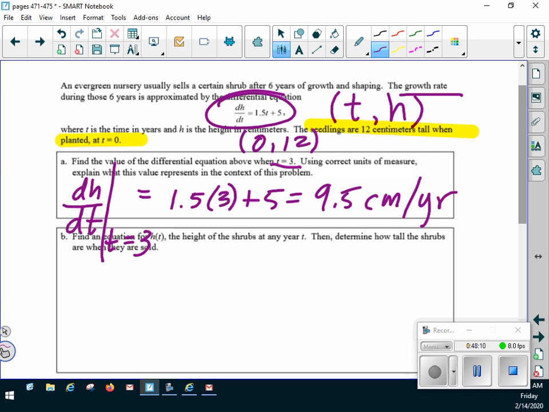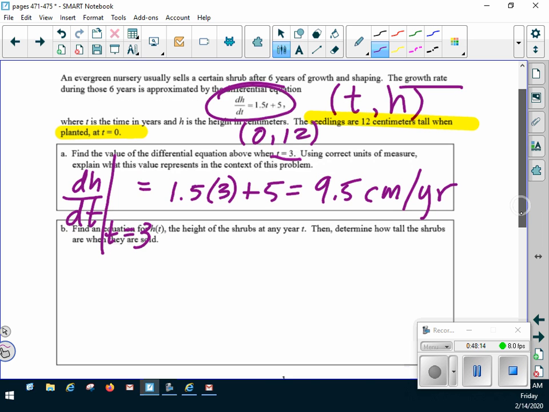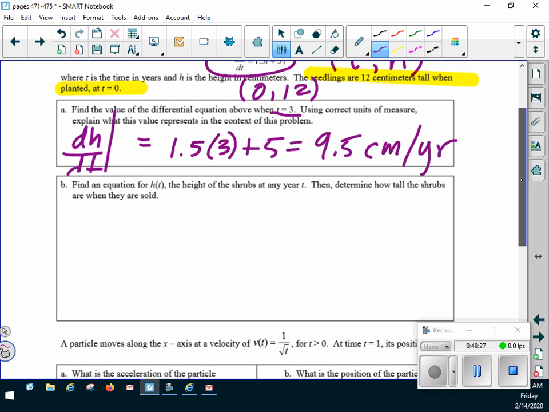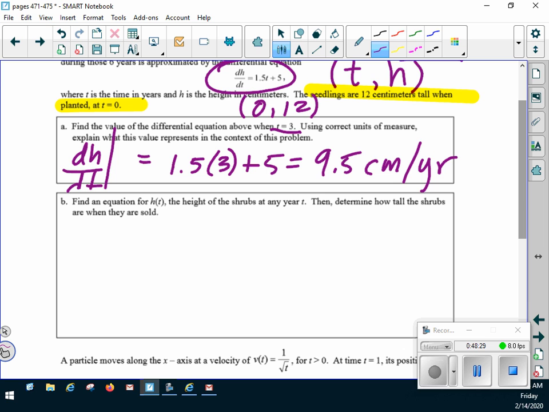You can get this off the notes when I post them if you want to. I'm not going to take the time to write that down. Find an equation for h of t. I know how to do that now. I'm given dh dt. How do I find an equation for h of t?